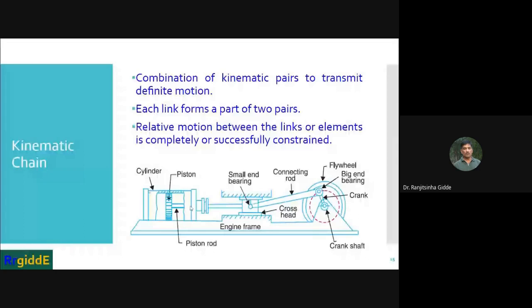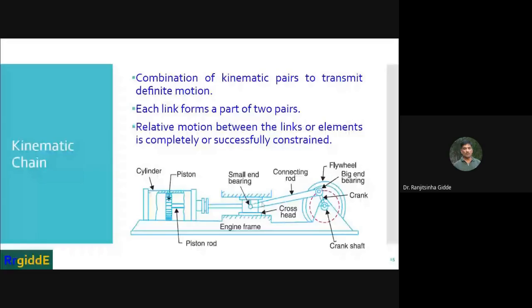Then this crosshead or the cylinder and the piston is called a kinematic pair. Similarly, this is the connecting rod, and this is the bearing. So this is also one pair.